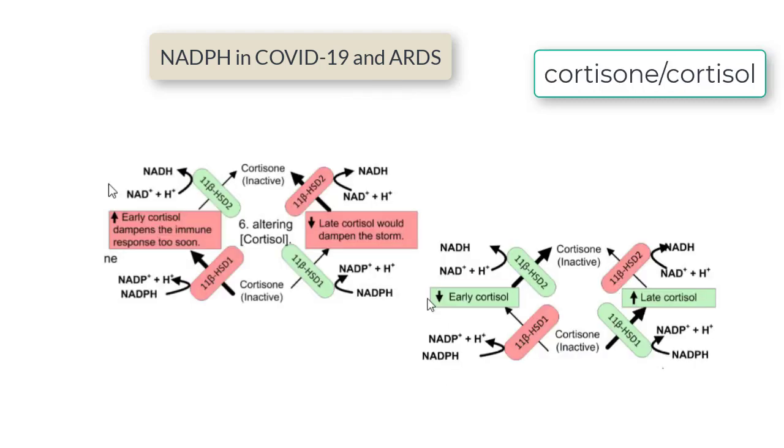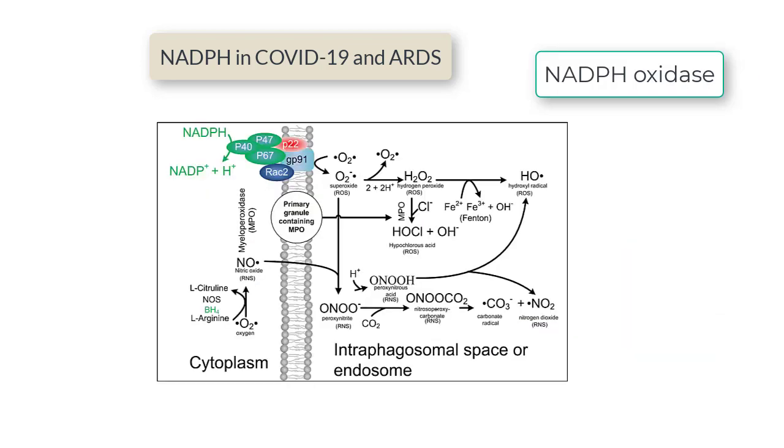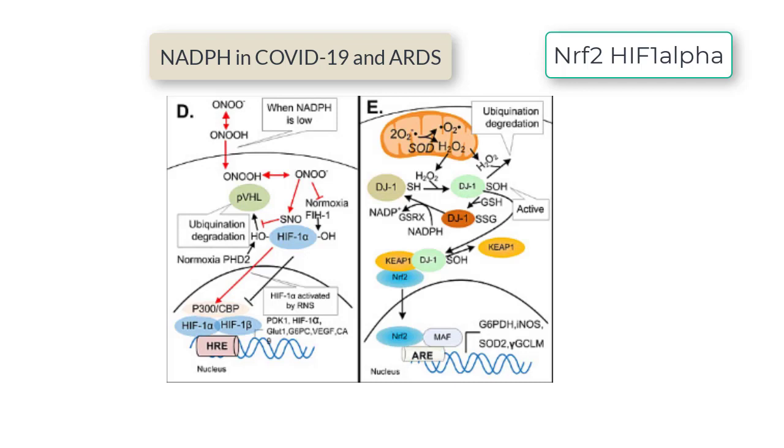It regulates cortisol activation and deactivation. It's required to kick off the production of ROS and RNS as part of the nonspecific immune response via NADPH oxidase. It regulates transcription factors NRF2 and HIF1 alpha, that are master regulators of the antioxidant response elements and hypoxia response elements, respectively.